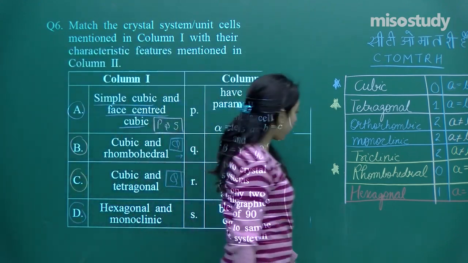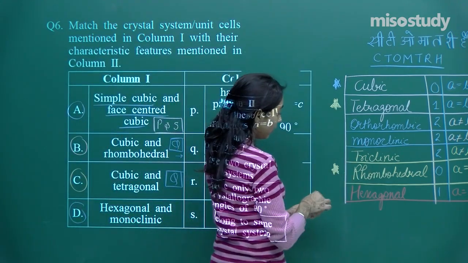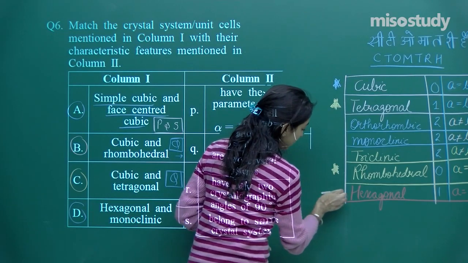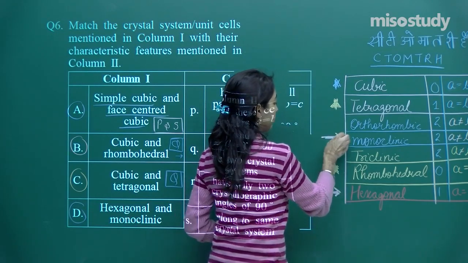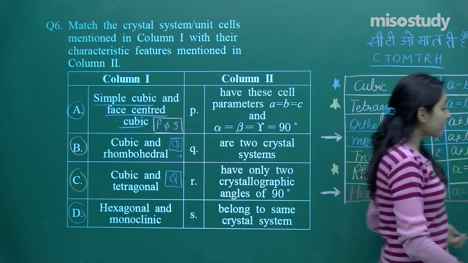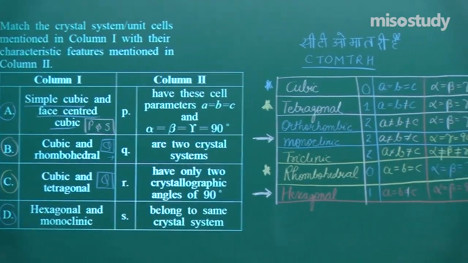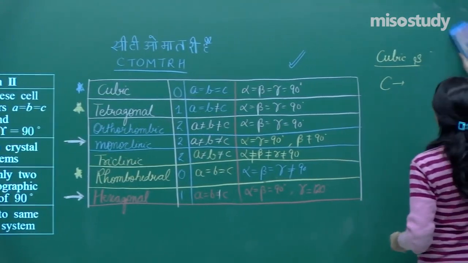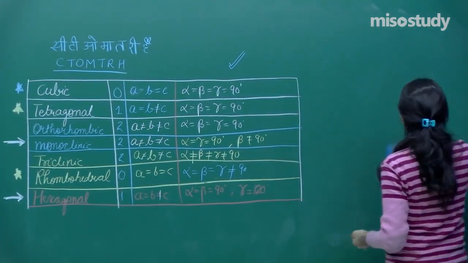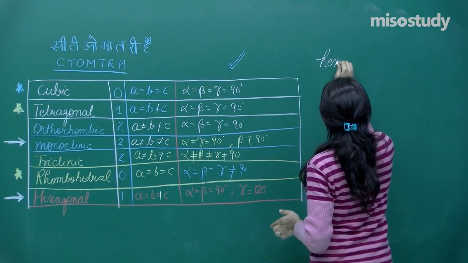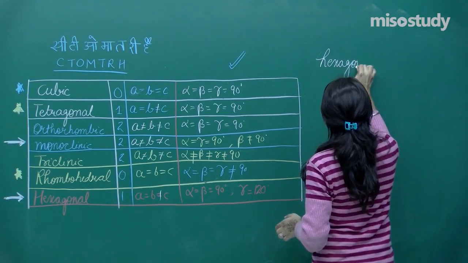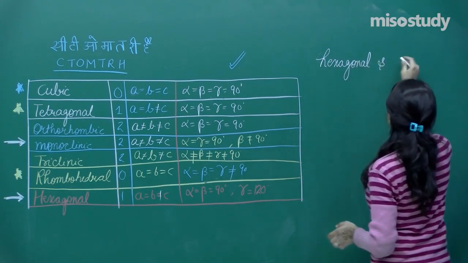So where is our D part? We have hexagonal and we have monoclinic. So let us see what is there in hexagonal and monoclinic.